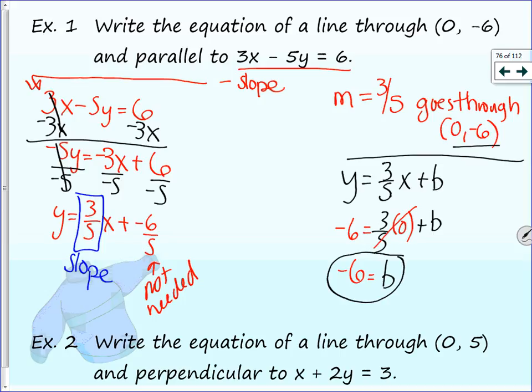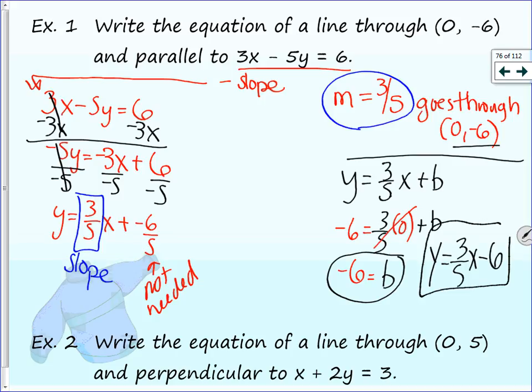Now, you don't get any points or full credit unless you actually write the equation. You have both parameters, though. You have the slope, and you have the y-intercept, but it's kind of like working all week and not cashing your paycheck. You have to fill in the numbers. This is the equation.